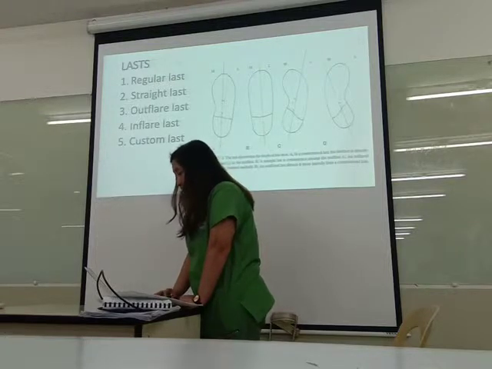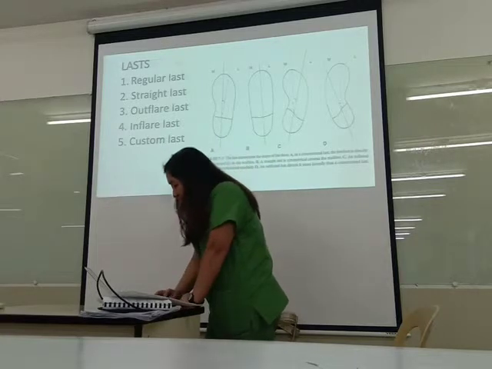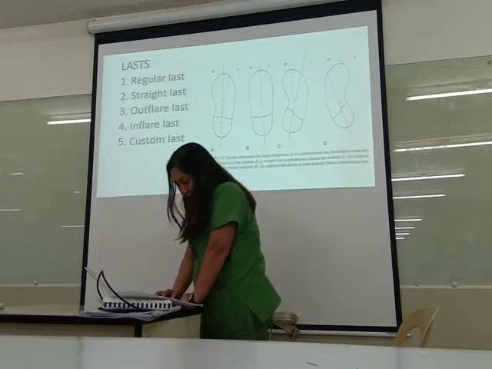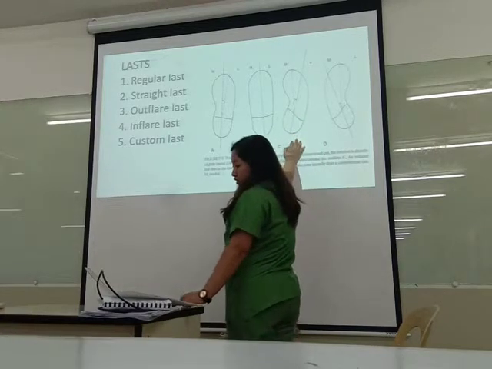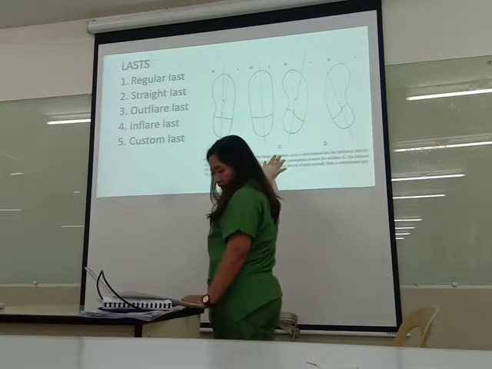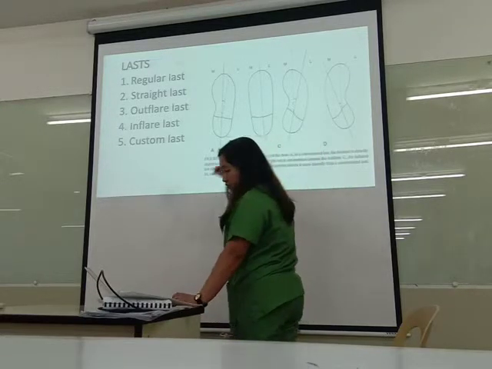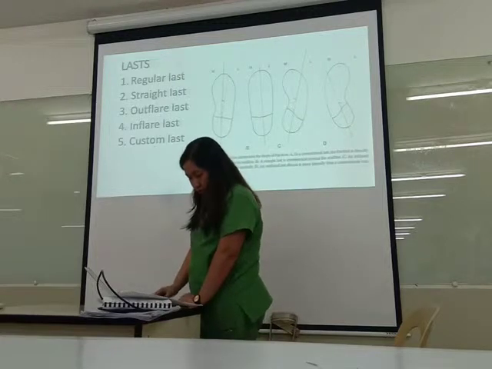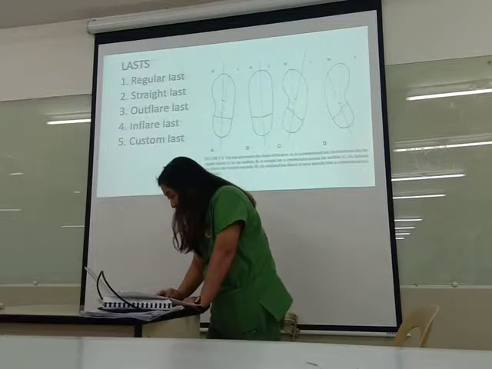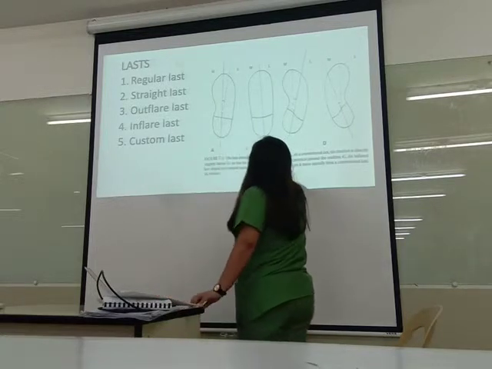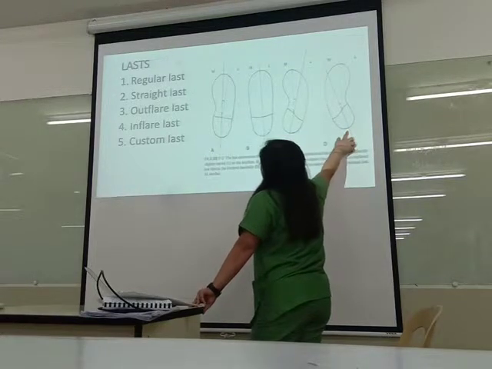So, ang example ng straight last ay ito letter B. And then, out flare last, greater area sa lateral portion. And in flare last, greater portion naman siya sa medial portion. And custom last, which is specifically constructed for a particular foot. So, ito nga ay straight last, in flare last, then out flare last.